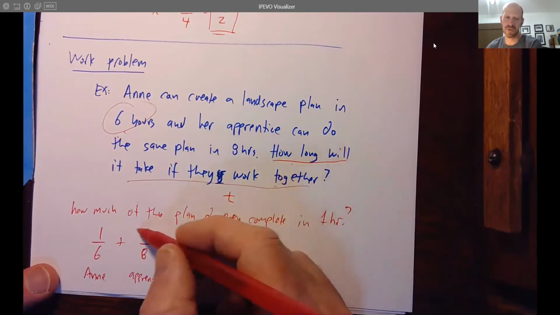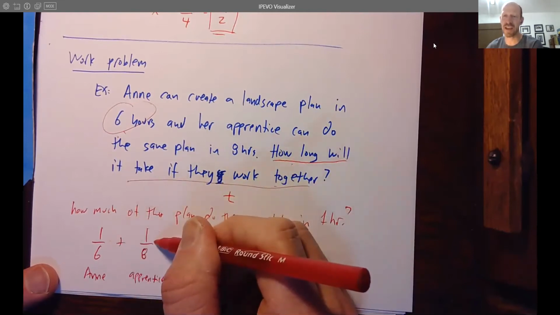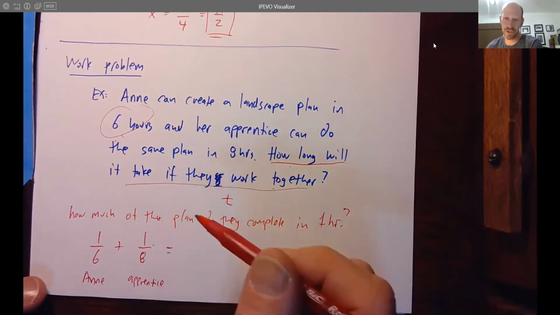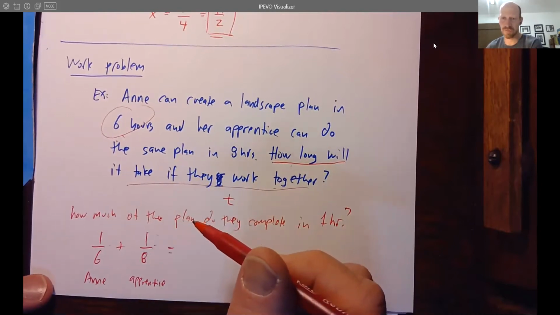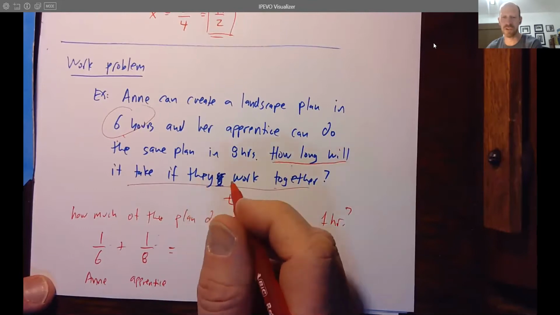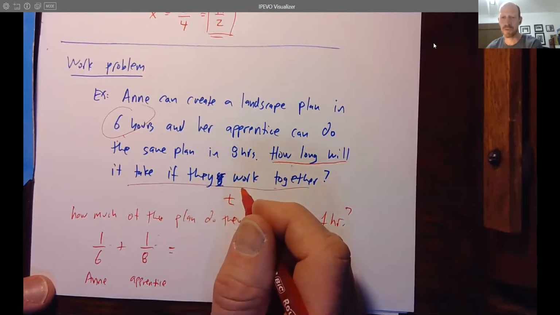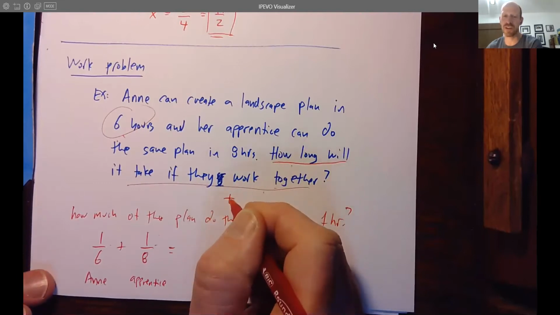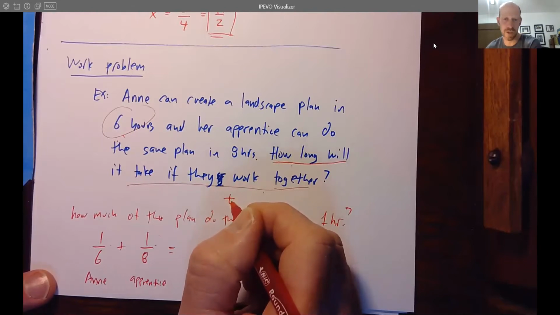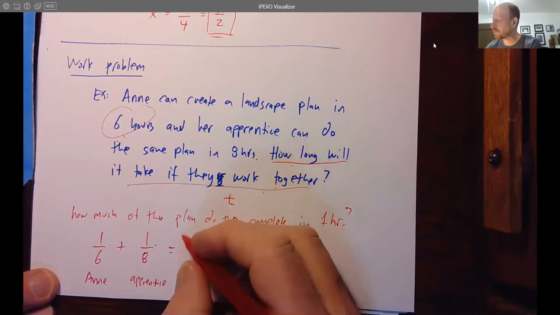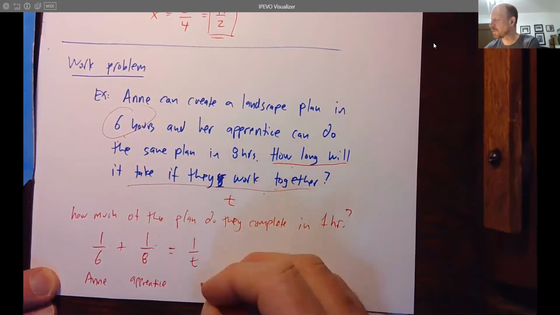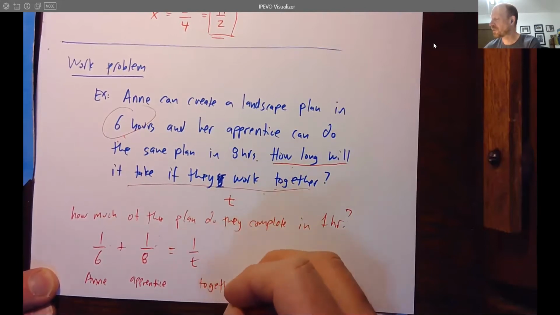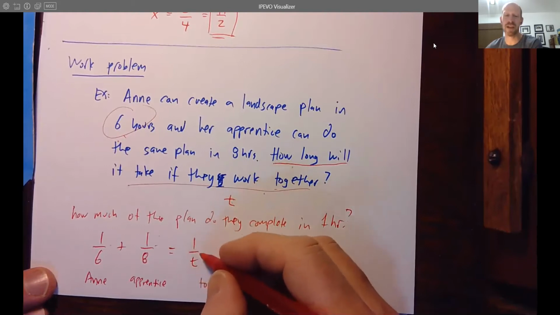If it took them 4 hours, then it would be 1/4 of the plan, right? If it took them 3 hours, it'd be 1/3. If it takes them T hours, it's going to be 1/T. So this is the amount of the plan they complete in an hour working together.